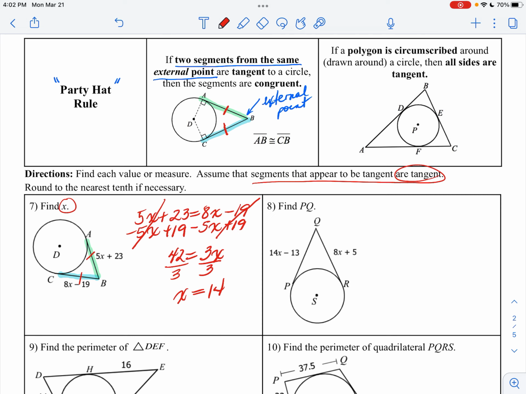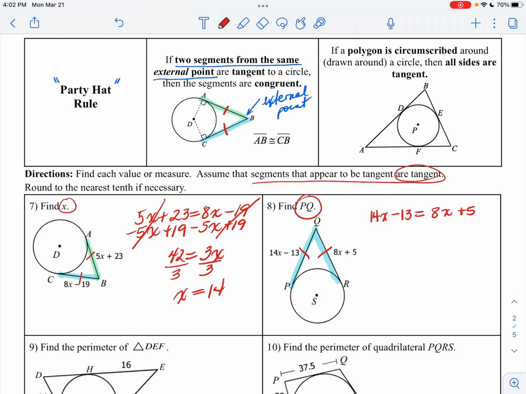In number 8, we have the same setup. We call this the party hat because it looks like a party hat. So here we go. These are congruent. They tell us that we can assume they're tangent. So that means that 14x minus 13 is equal to 8x plus 5. The difference here, though, is we're not just finding x.